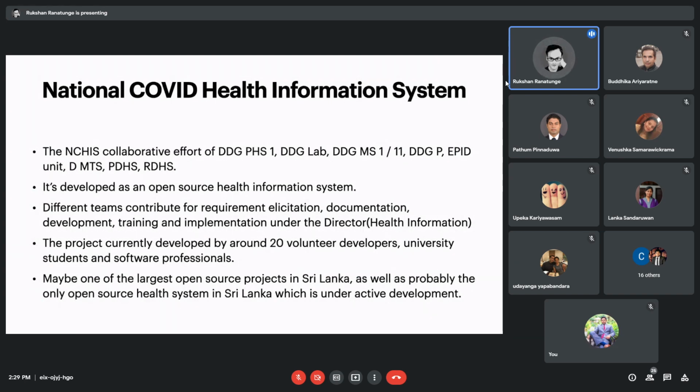The project currently has around 20 volunteer developers, mainly consisting of university students as well as professional software developers. It may be one of the largest open source projects that is currently active in Sri Lanka, and probably the only open source health information system in Sri Lanka which is under active development.